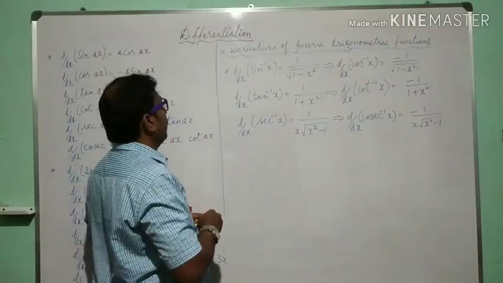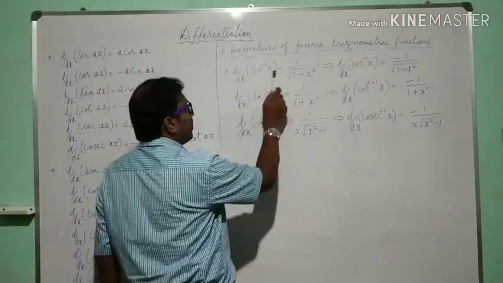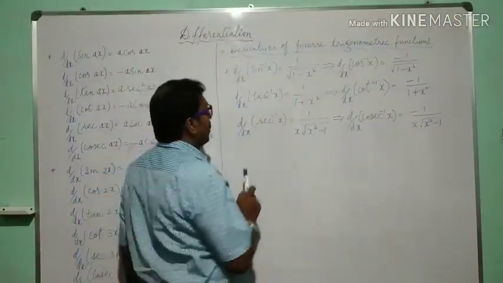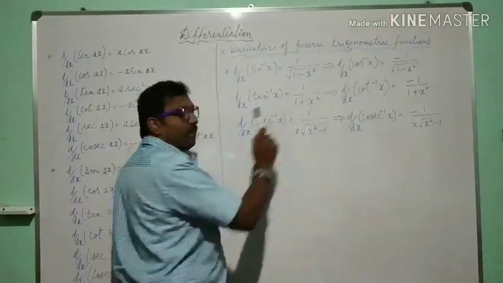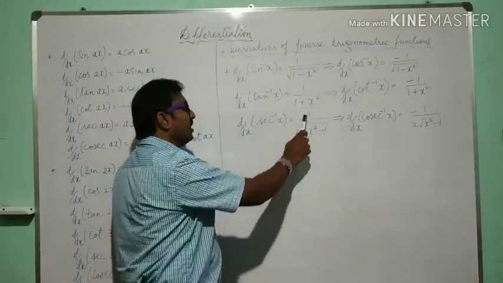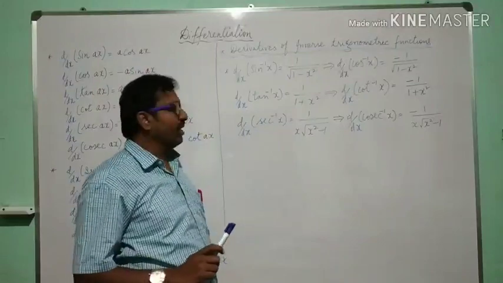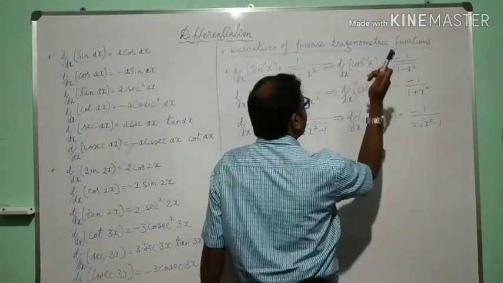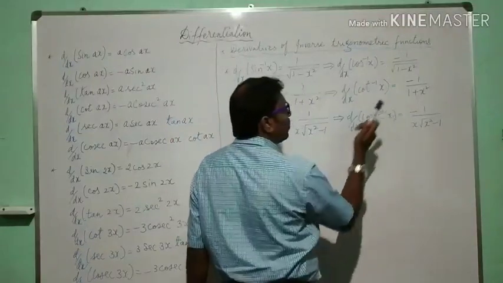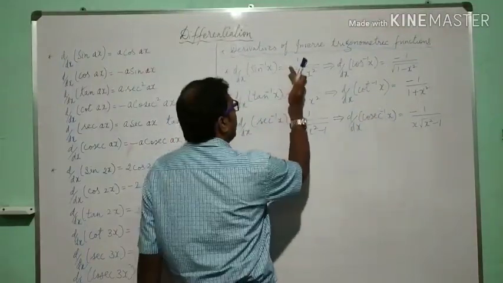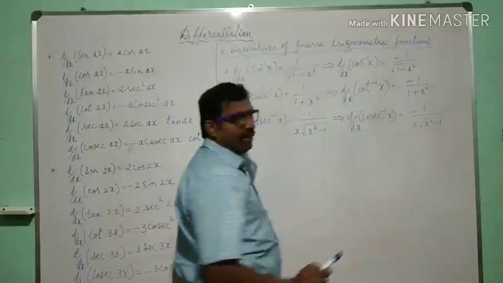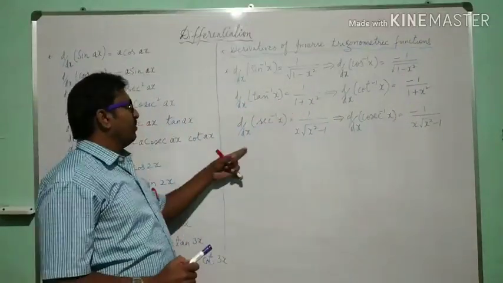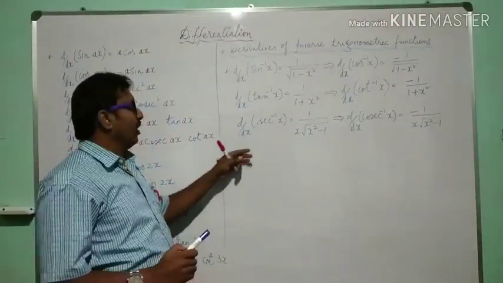Here, if you check it, you find for sin inverse x 1 by root of 1 minus x square, for tan inverse x 1 by 1 plus x square, for secant inverse x 1 by x root x square minus 1. Correspondingly, the derivatives of cos inverse, cot inverse and cosecant inverse x are the same values with the negative sign. So this is very easy to remember.